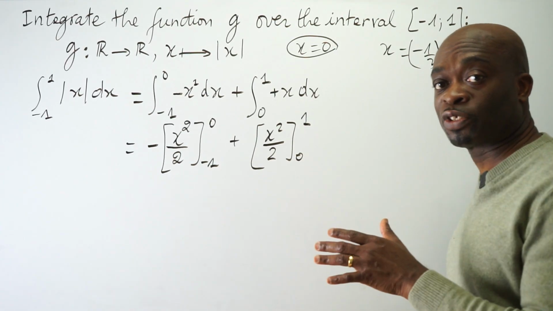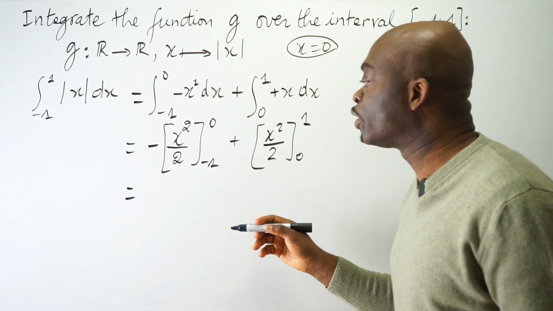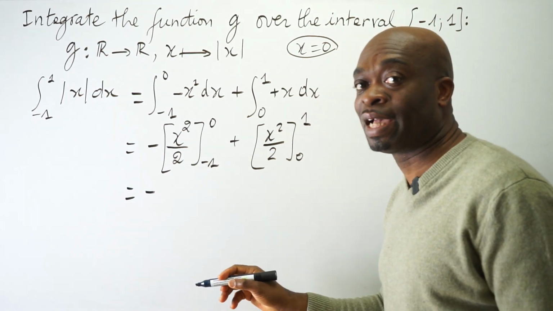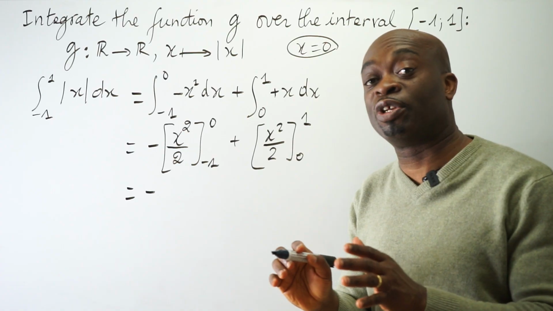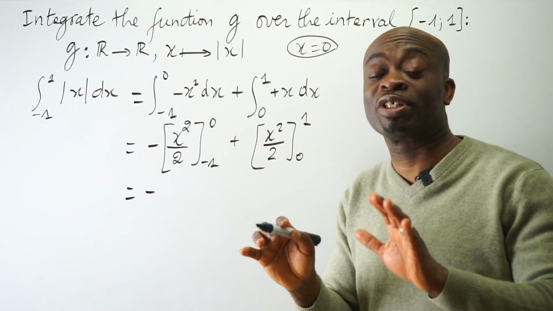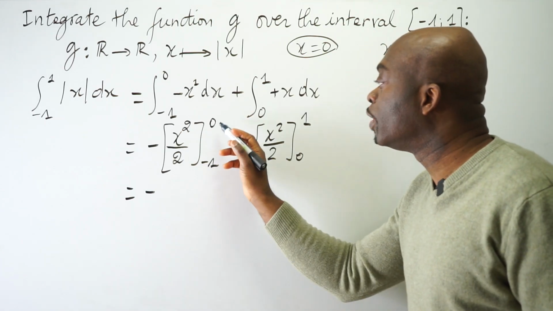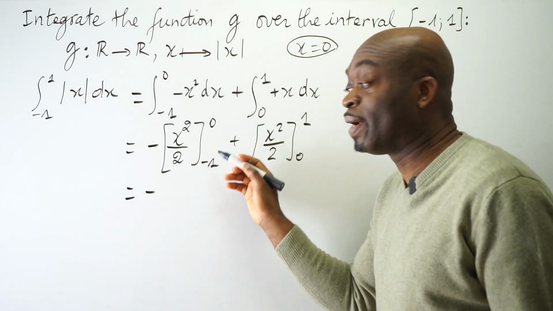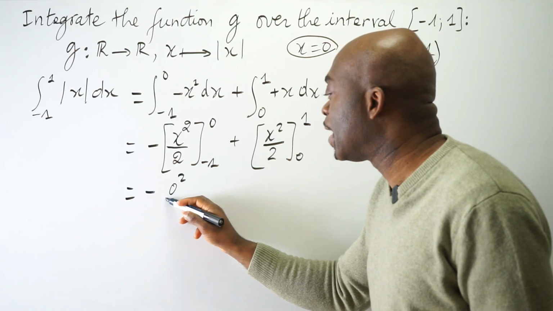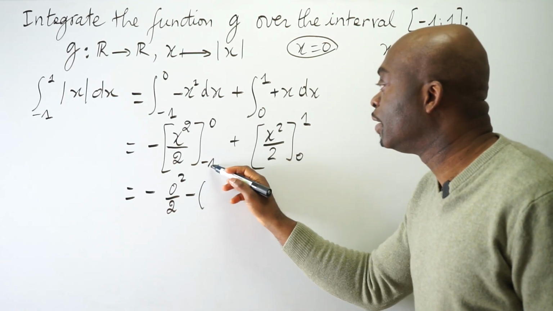So far, so good? Now we can just do the calculations. We keep the negative sign outside, so we don't get confused as we keep going. We take our time to understand what's happening.